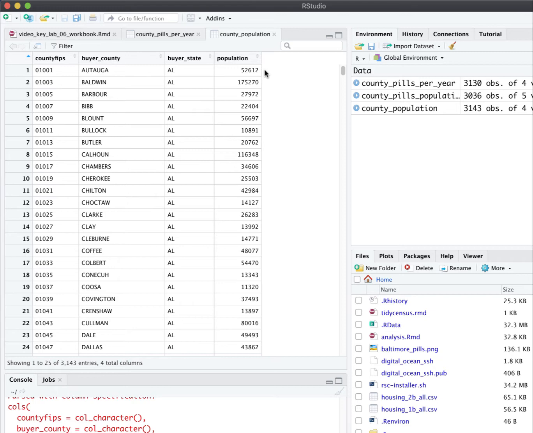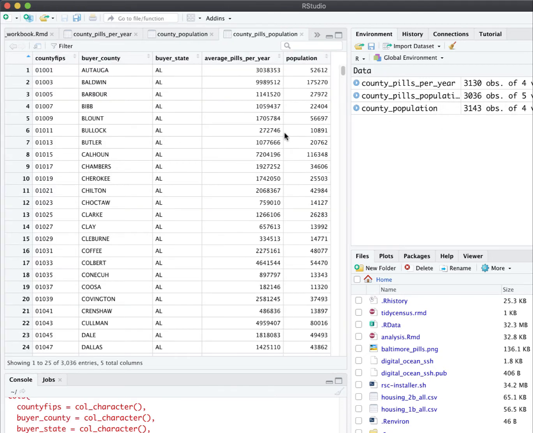So the join process put these 2 tables together. So you'll notice that the tables county pills per year and county population both have 4 columns. When we put this together, the new one, which we're calling county pills population, has 5 columns. So let's take a look at that.